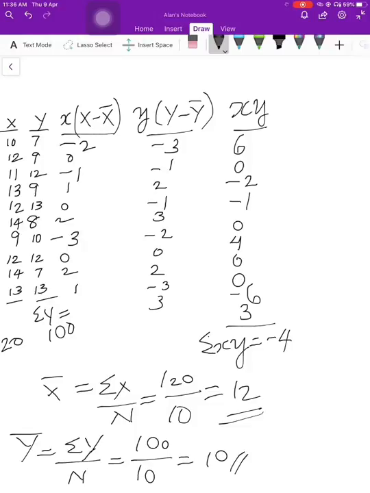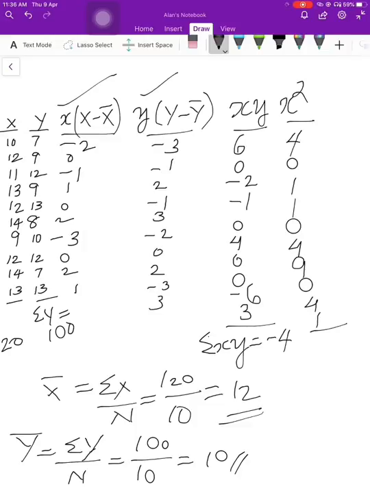Now, going forward with x square, x is already there, y is already there. Now we will do the squaring of the same. So what is the value of x square? 2 square is 4. In the same way we go forward: 0, 1, 1, 0, 4, 9, 0, 4 and 1.